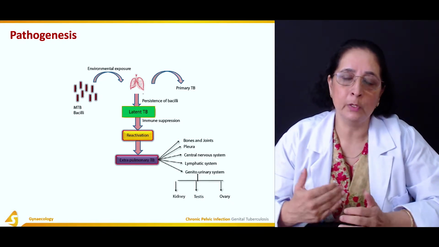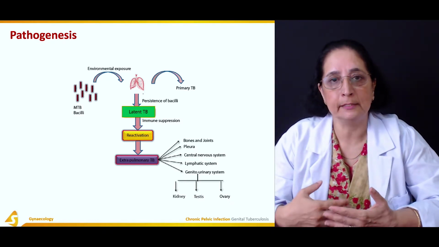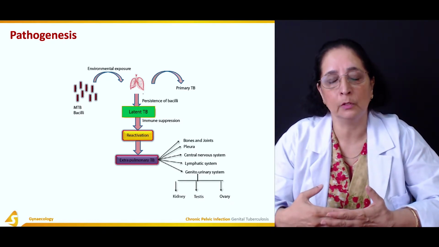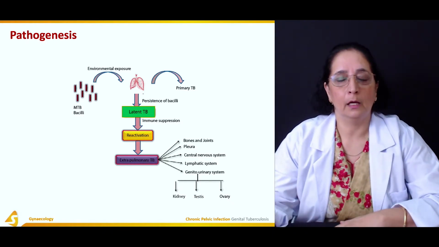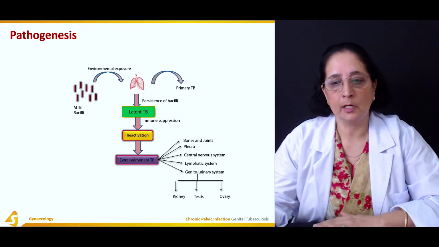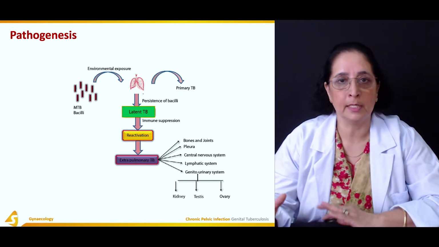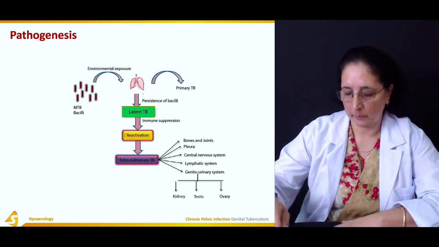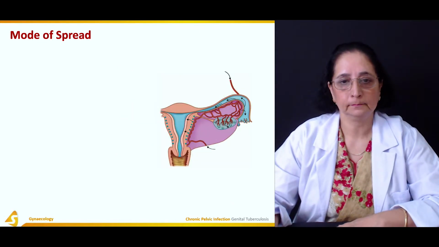Once the immune system becomes low, it can cause reactivation of that latent tuberculosis, and then it can spread to different organs like bones, joints, central nervous system, lymphatic system, testes, ovaries, and kidneys.